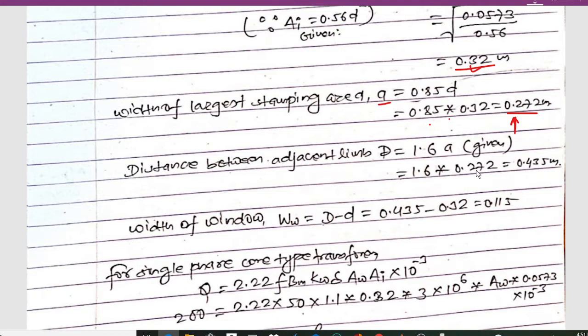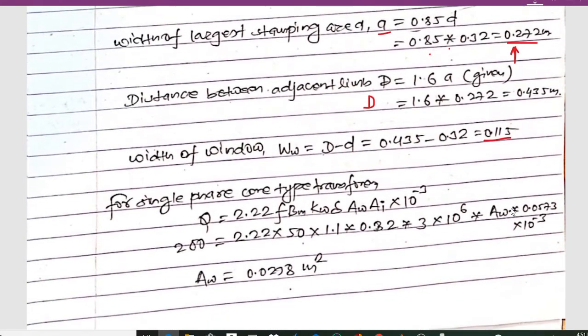So 1.6 into 0.272 gives 0.435 meters. Now the width of window Ww is going to be capital D minus small d, and we have obtained both values, so on subtracting we will get 0.115.